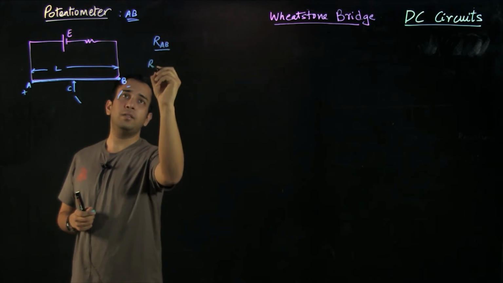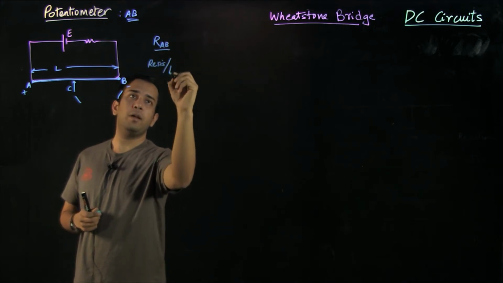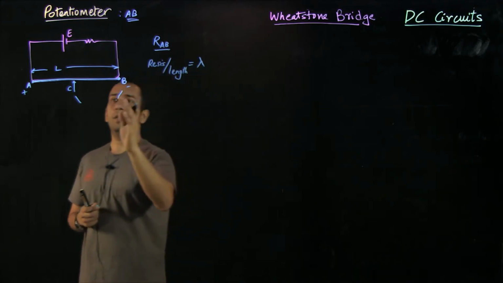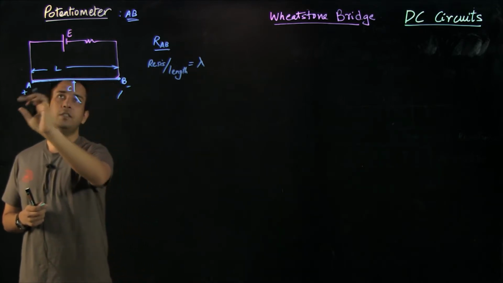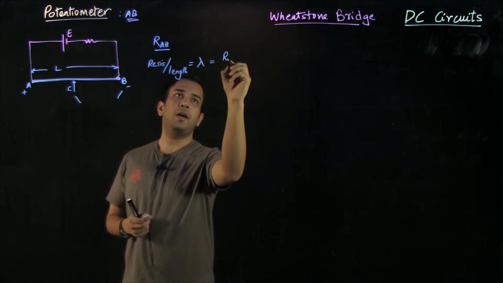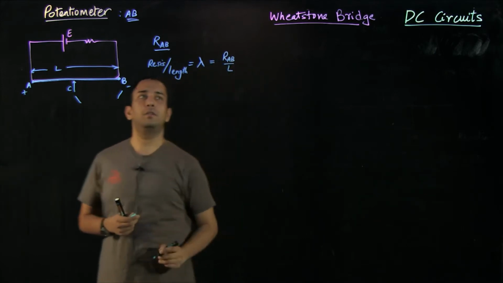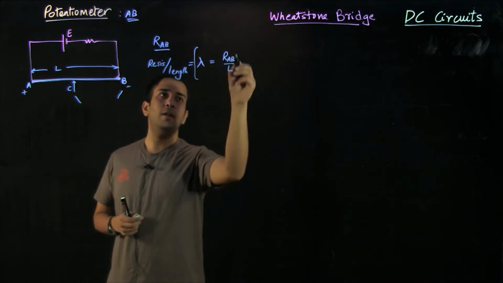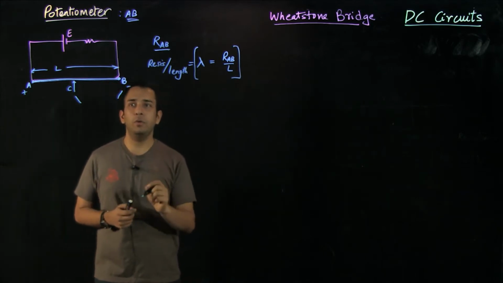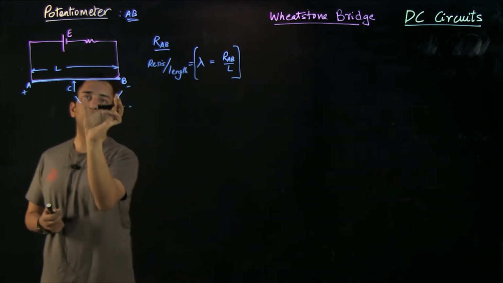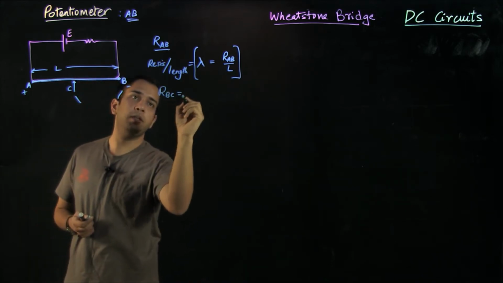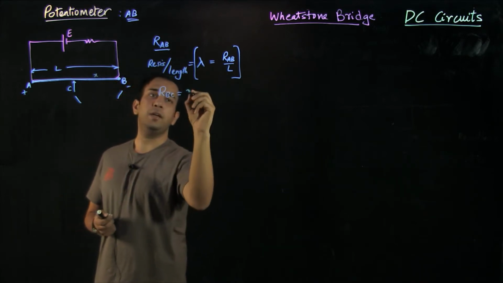Then the resistance per unit length can be defined, because there is a linear function of resistance present in a potentiometer wire, as RAB upon L. This is the resistance per unit length, lambda, a characteristic of a potentiometer device, and it allows us to use the pointer to get a definite resistance between B and C. So the resistance of BC, if this length is X, is X into lambda.